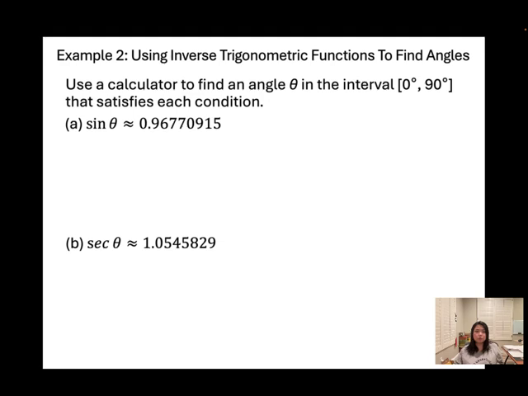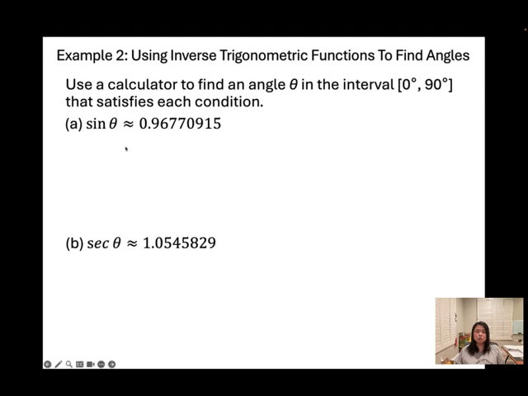Example 2. Using inverse trigonometric functions to find angles. Use a calculator to find an angle in the interval from 0 to 90 degrees that satisfies each condition. So we restrict the angle to quadrant 1. Okay, quadrant 1.